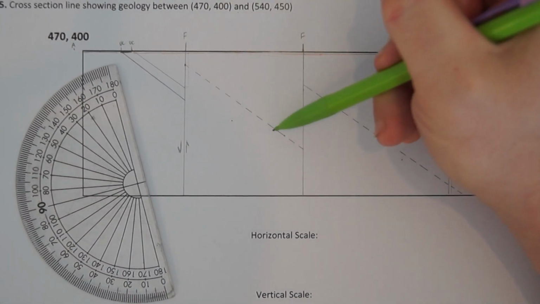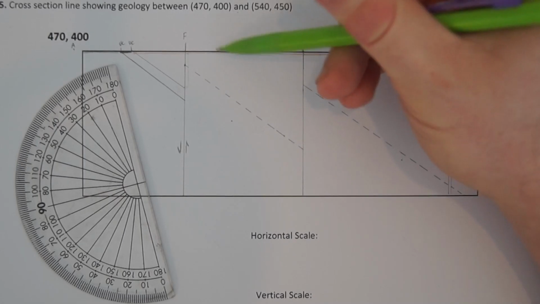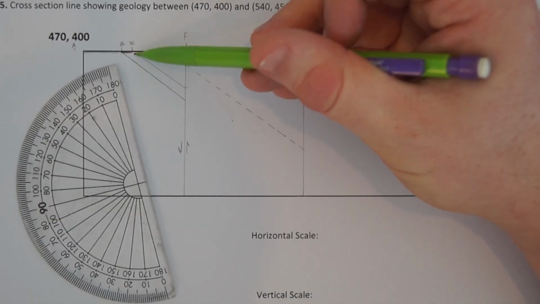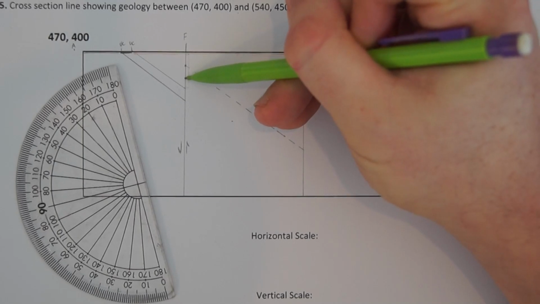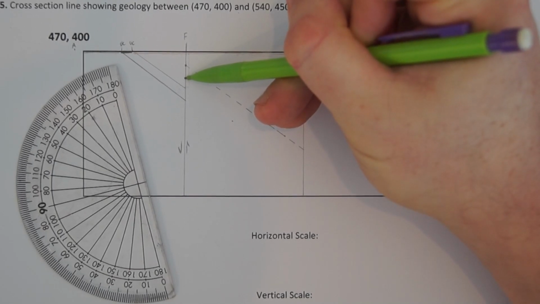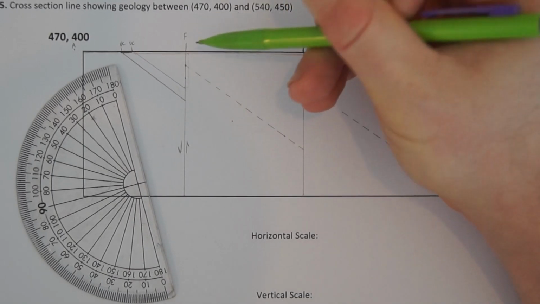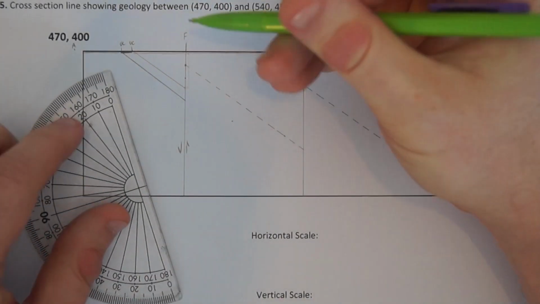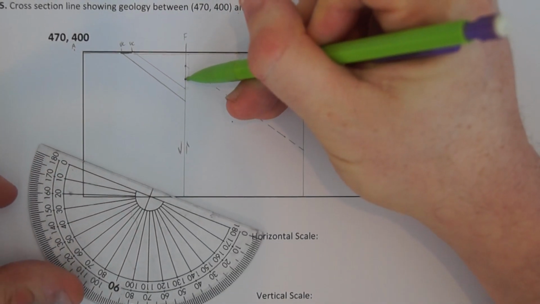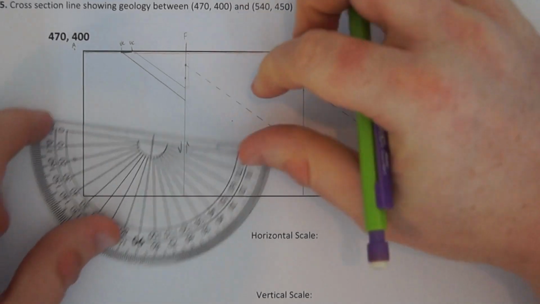And if this dashed line represents the base of the Penrith sandstone in contact with the top of the coal measures, then I need another one to show the contact between the coal measures and the underlying millstone grit. So that's where I'm going to interpret that it would hit the fault plane.